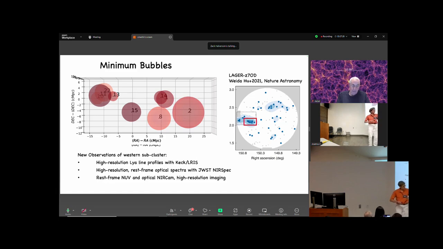But the Lyman alpha comes out of galaxies, and in low redshift galaxies, the interstellar medium significantly attenuates the Lyman alpha line. So one thing we do in this paper is try to use properties of the galaxies and scaling relations from local Lyman alpha emitting galaxies to correct for that interstellar attenuation.